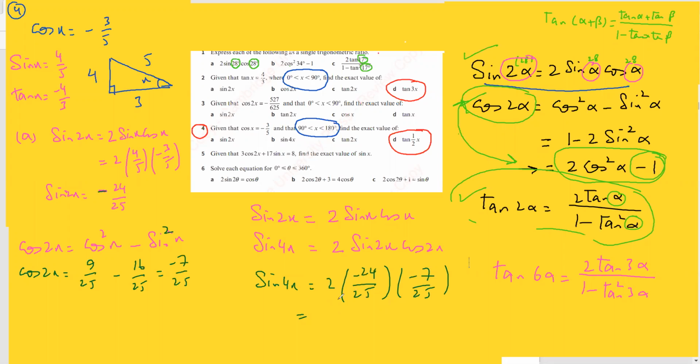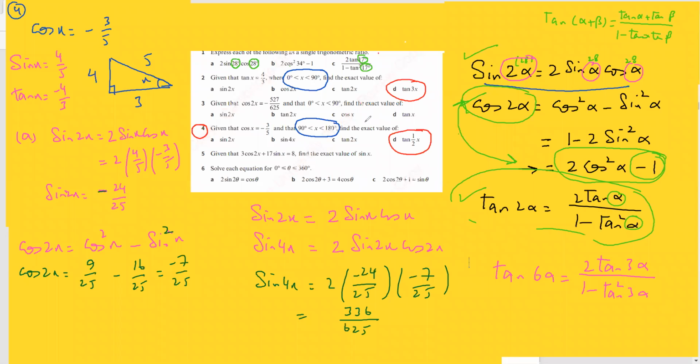Let me find that. That is 336 over 625. That is your sine 4x. So that is basically manipulating these identities to get to these values.